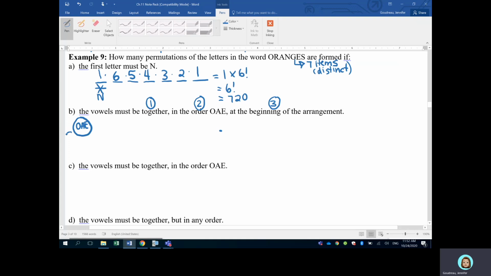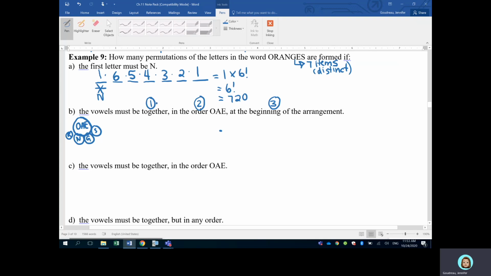The remaining letters, which would be R, N, G, and S, all still remain as individual units. So we no longer have 7 items that we're talking about. Now we have 5 items. The vowels come together to create 1 unit. The consonants are 4 individual units, so 5 items that we are arranging.